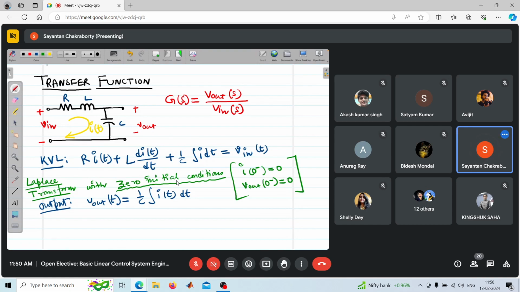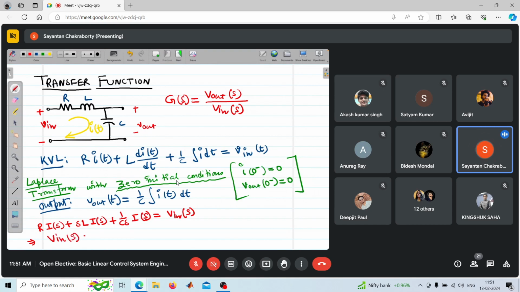Then by taking the Laplace transform, what you can write from the KVL is (R plus sL plus 1 by Cs) I(s) is equal to V in(s), or V in(s) is equal to (R plus sL plus 1 by Cs) I(s).